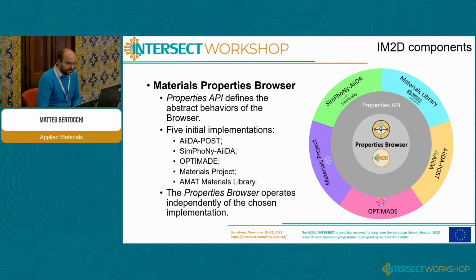On the other side, AIDA and Symfony had to develop some plugins that extend the AIDA API capabilities, or add, in the case of Symfony, new features or a higher level communication to make this connection. So what's important is that in this way, the property browser operates independently of the chosen implementation, and it adapts to what has been implemented in each plugin.